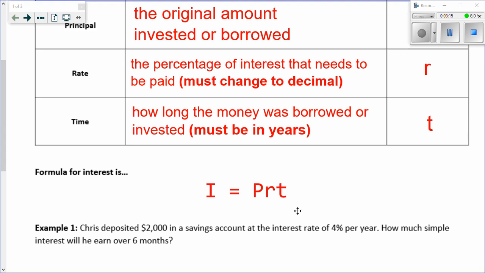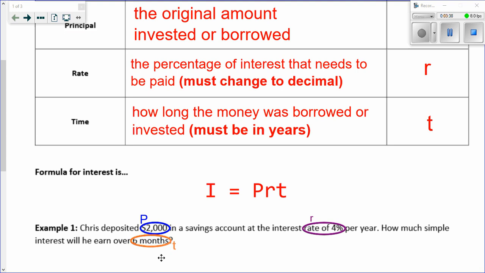Okay? You just have to find the 4th. So, investing the $2,000 or depositing the $2,000, that is actually our principal. Okay? The interest rate of 4%, that is our rate. Okay? And finally, the time was the 6 months.